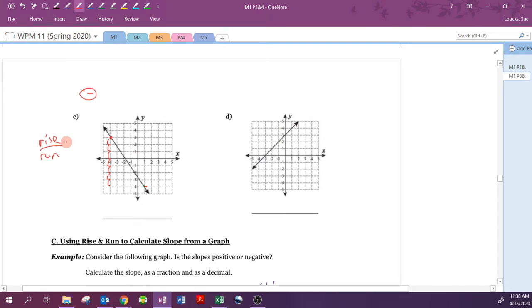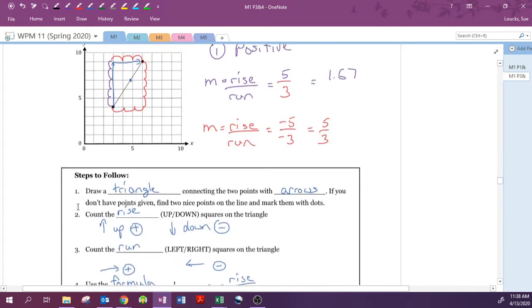Rise over run, and my rise was -7, and my run was 1, 2, 3, 4, 5. My run is 5. So my slope is -7 over 5, which if I change that to a decimal is -1.4. Okay, but it is negative and that matches the graph. Okay? Okay, so go ahead and do the practice and then come back for the next lesson.